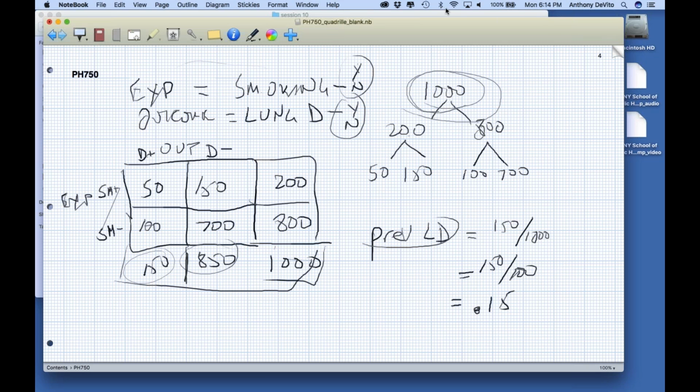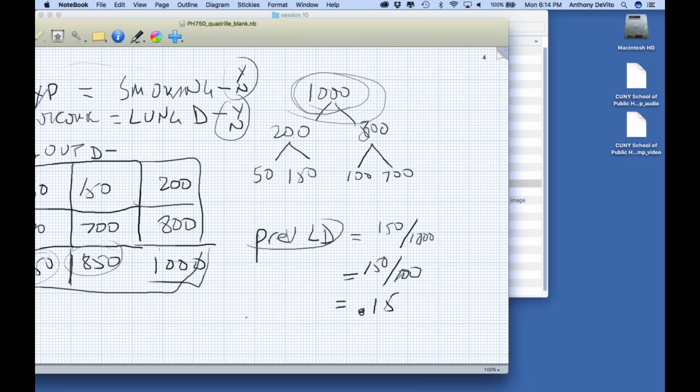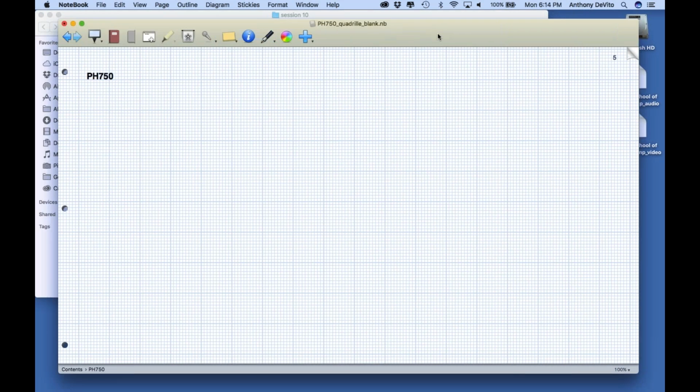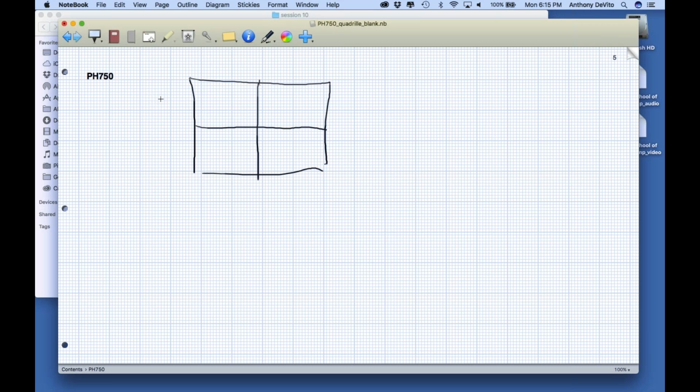Okay, so I'm going to copy this all to the next page here, so I have a little bit more room to work with. Smoking plus, smoking minus, lung disease, LD negative.